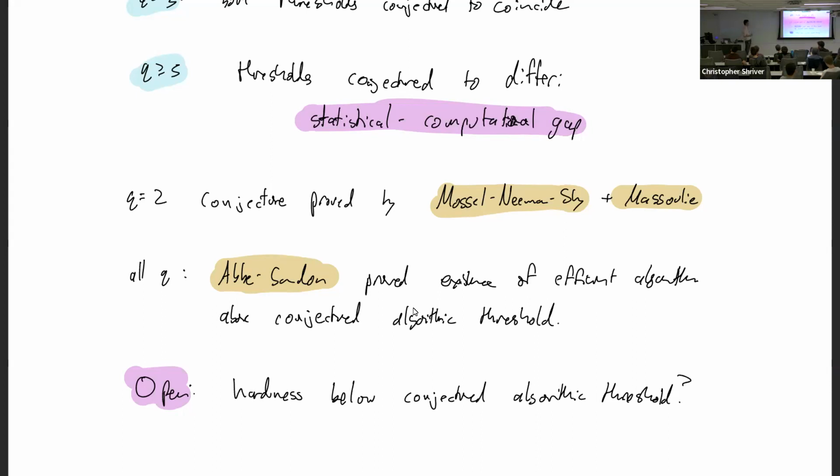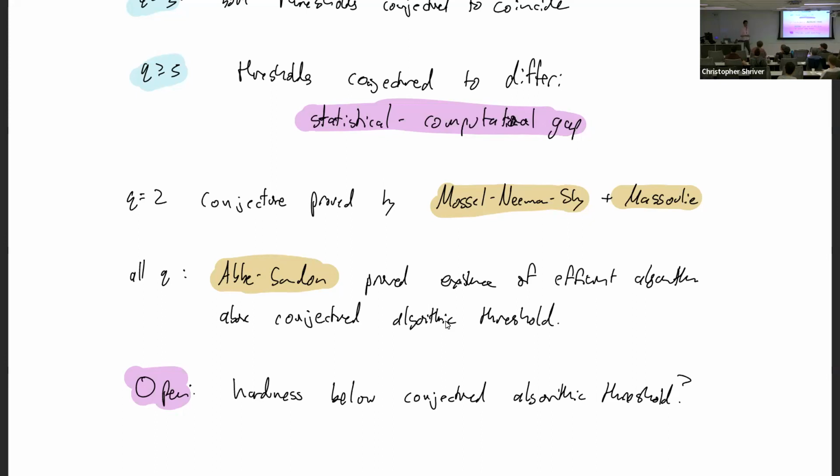But as you'll see in David's talks in the next couple of days, there are different types of evidence you could give for algorithmic hardness, but we still don't have a really convincing understanding for this problem below the algorithmic threshold. Yes, great question.